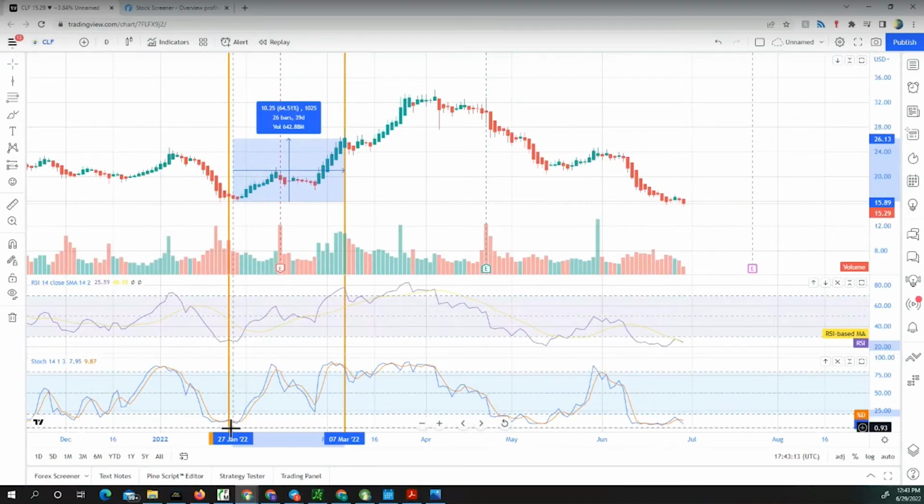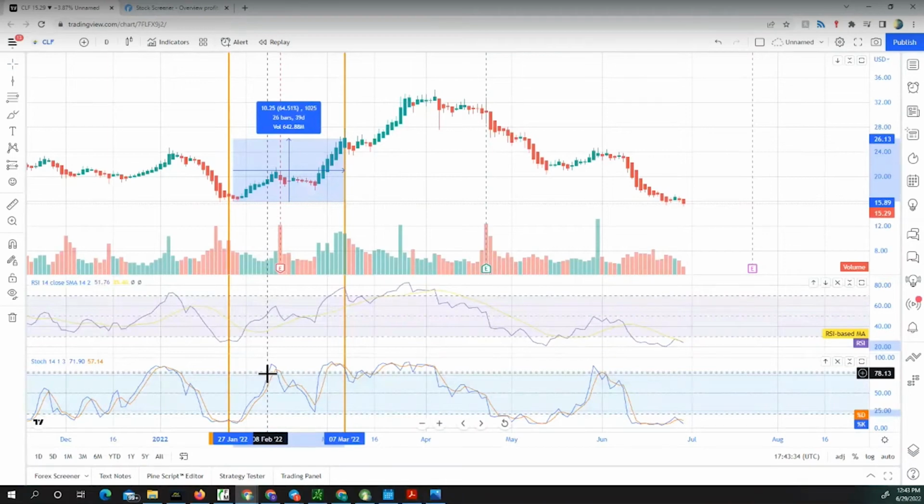But with stochastic, there's a blue line and a yellow line. And what that means is you can use those to determine if the trend is changing from selling to buying. So when yellow is above blue, that's a downward trend. And when blue is above yellow, that's an upward trend.